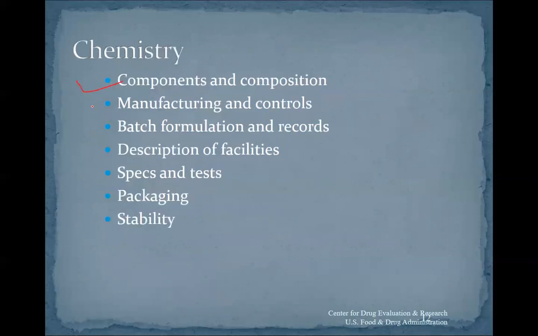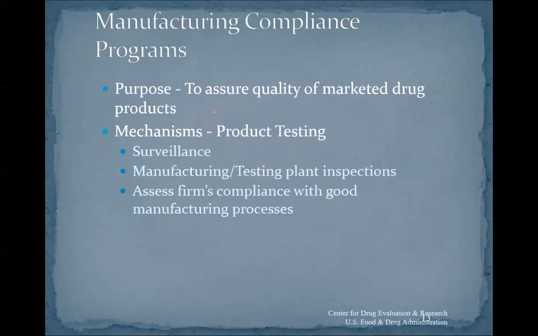Chemistry involves the components and composition, manufacturing, batch formulation, description of facilities, specifications and tests, packaging, and stability. For manufacturing compliance, the purpose is to assure the quality of the marketed product.